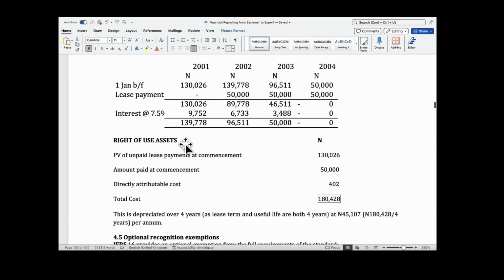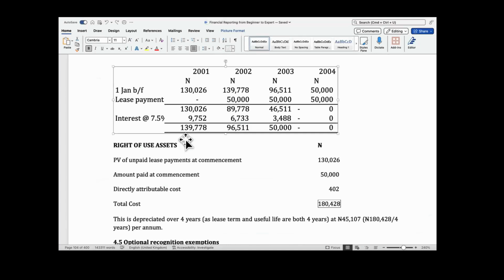In this one, the lease payment came first before the interest. They won't give you the same answer. They won't, because in this case, interest is calculated on the net after deducting rent. In that other one, when payment is made at the end of the year, interest is computed on the opening. It won't give you the same interest figure. You have to be very careful.